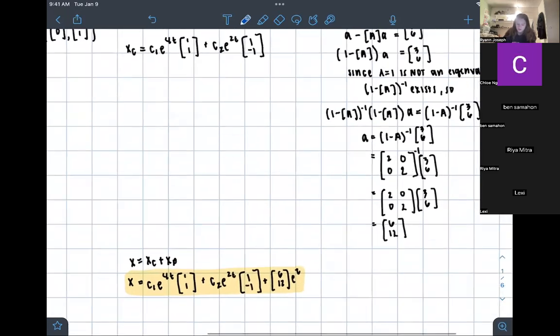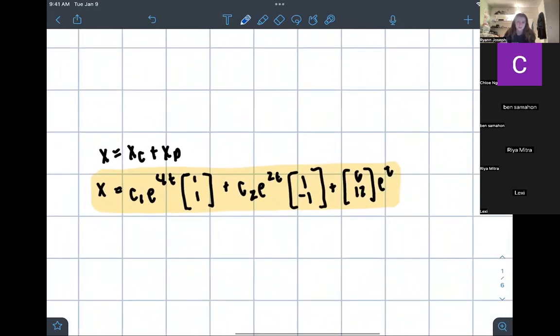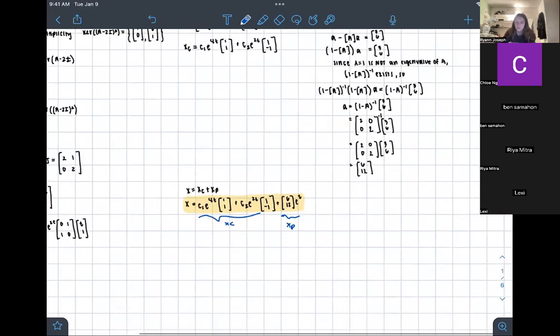As we know, our general solution is the sum of the homogeneous and particular solution. I've said that about 20 times today, just trying to emphasize as much as possible. So this is our complementary solution, and this is our particular solution. We got the particular solution from method of undetermined coefficients because we were able to use it since the guess and the homogeneous solutions didn't overlap.